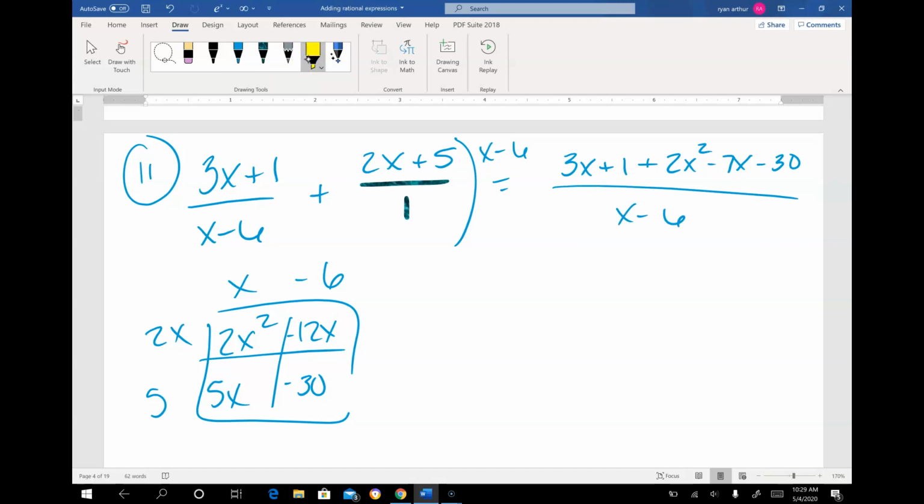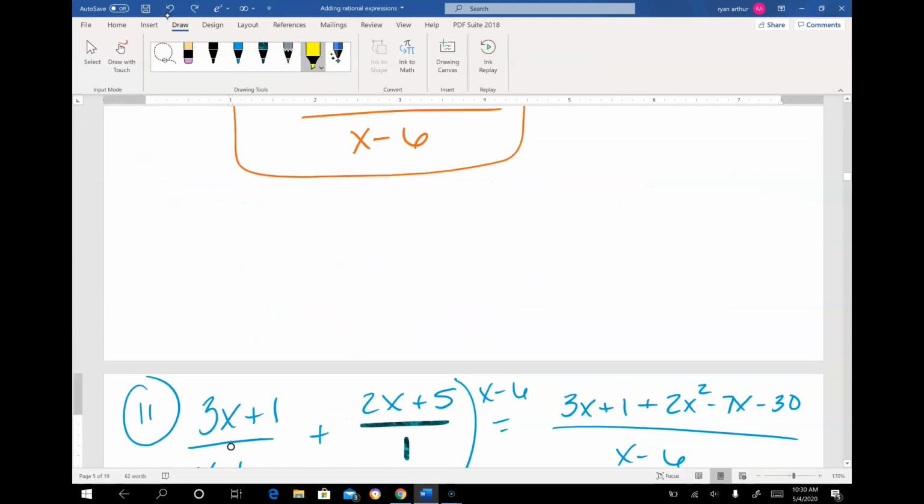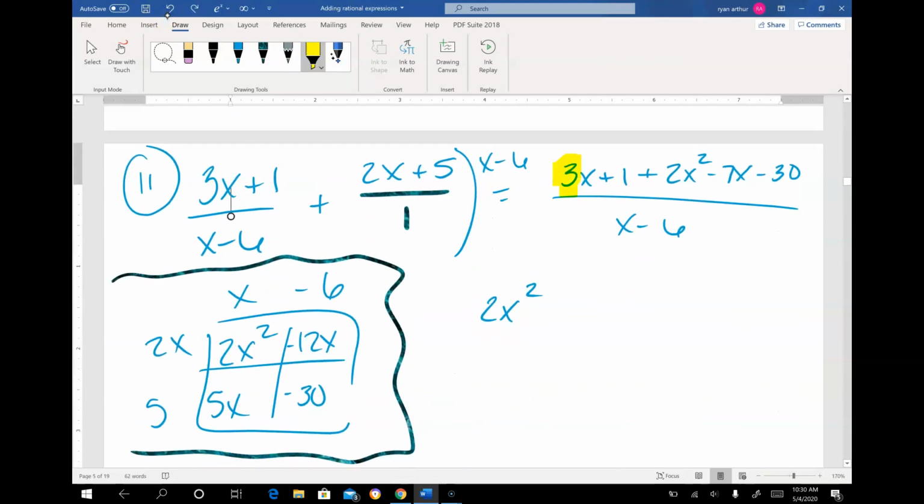Clean that numerator up by standard form. The squared term has nothing in common, so we're just going to bring it down as 2x squared. All right. That over here so I don't get confused. Now, I do have two linear terms. I've got a 3x and a negative 7x.